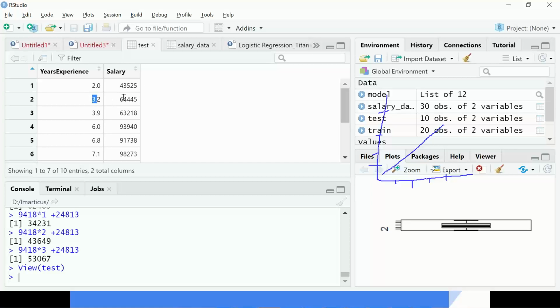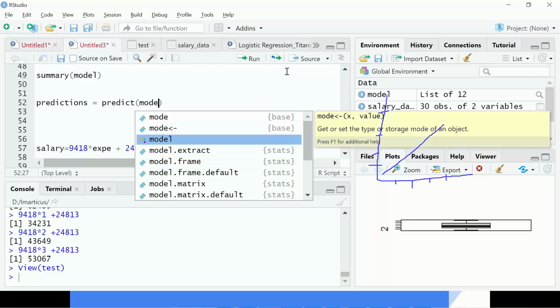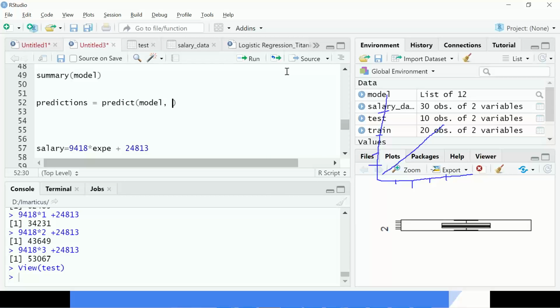On 3.2, this is the actual salary available in the data, right? Because this is the test, the real data that we had. Against this, I will plot the predicted salary that I'm getting. Okay, so let us do it. Predict. What does it have to use? It has to use my model, the model that I have created.